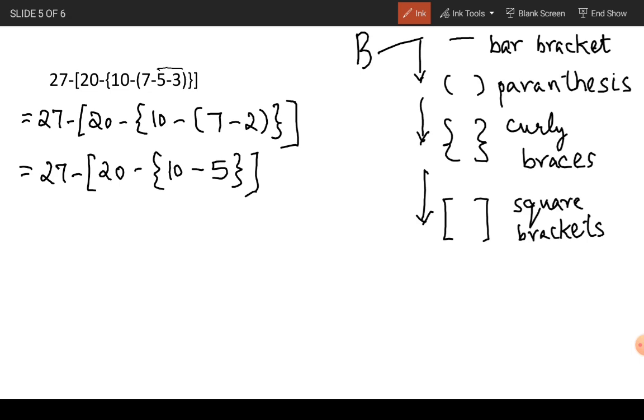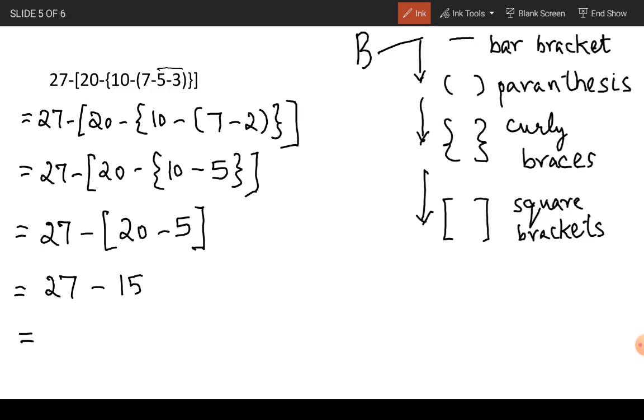Now it's the turn for the curly braces to be solved. So 27 minus 20 minus 10 minus 5 is 5. So I write that. I close the square brackets, which gives me 27 minus 20 minus 5 is 15. Finally, there is only one operation, that is subtraction, to be solved.